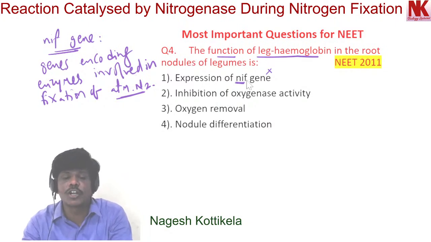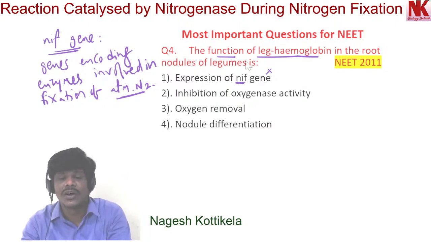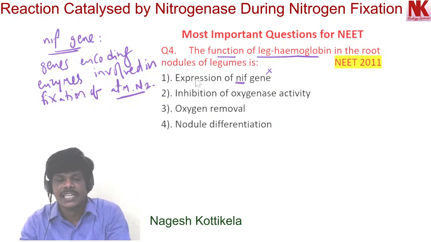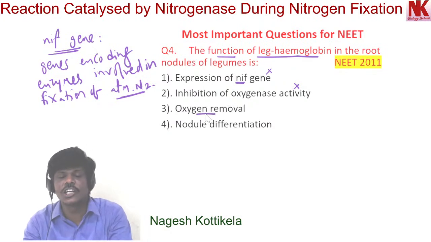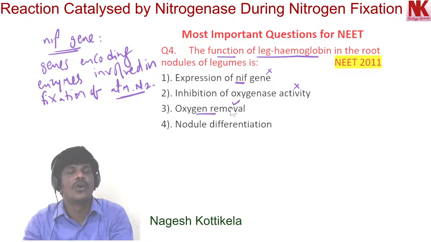So expression of NIF gene is wrong. The function of leg hemoglobin in the root nodules of legumes is not the expression of NIF gene. Second option, inhibition of oxygenase activity, no, this is wrong. The third option, oxygen removal, is the right option.